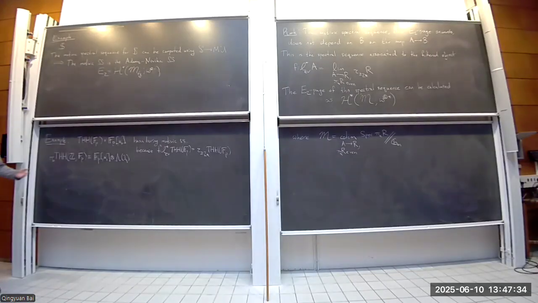So how does one understand the motivic spectral sequence associated to something like this? Well, you have to find a map to some other E infinity ring, which has even homotopy groups, such that that map expresses the target as having even cells over this source.